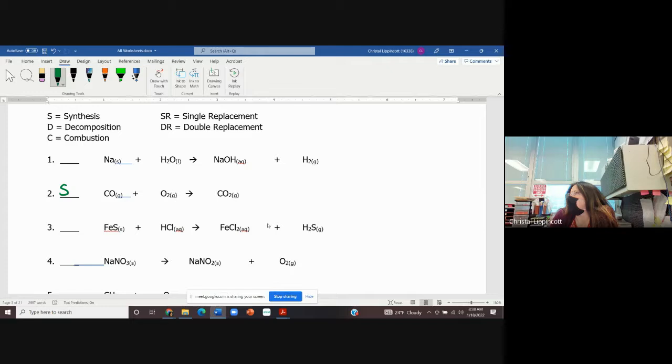Oh, just wait. No, wait. It gets worse than that. So this is a single replacement. Do you see how sodium kicked hydrogen to the curb? It replaced hydrogen. So that's called a single replacement.